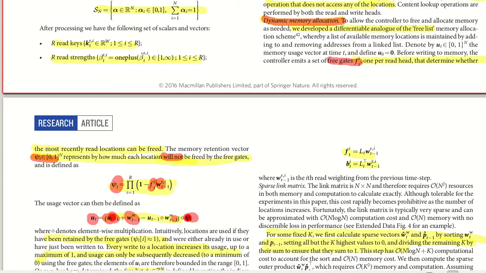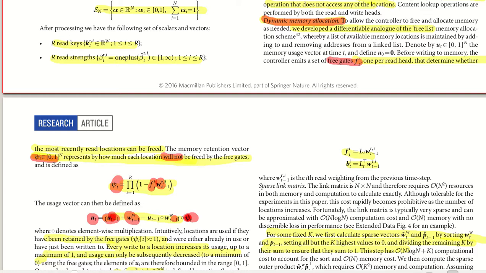Then for each of the heads, we go through each head, and if for instance this was 1, that meant that it can be freed, and then this element here is going to be 0, which will mean that location will be freed. If it's 0, it will be free, basically.